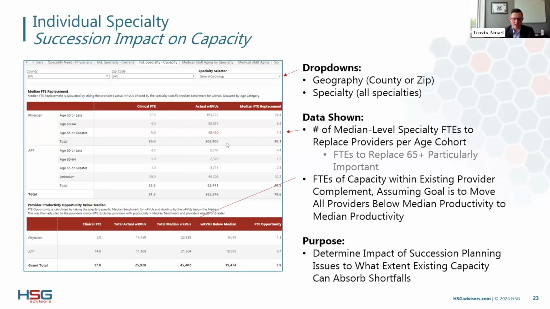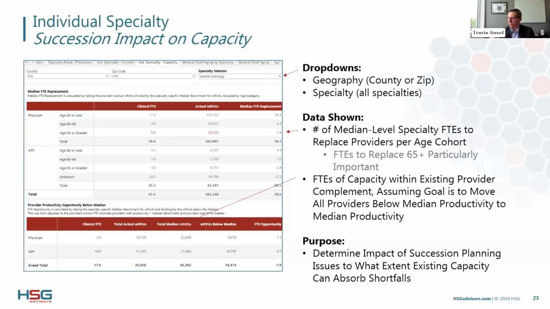So doing some quick math, that's a little over 11,600, 700 work RVUs per provider, which is pretty strong for general cardiology. And that would take about 7.5 median FTEs to replace. So that starts to give us more of the number of, okay, if we're trying to get everyone who's 65 or older in our funnel, from a recruitment perspective, how many bodies do I have to have in that funnel?